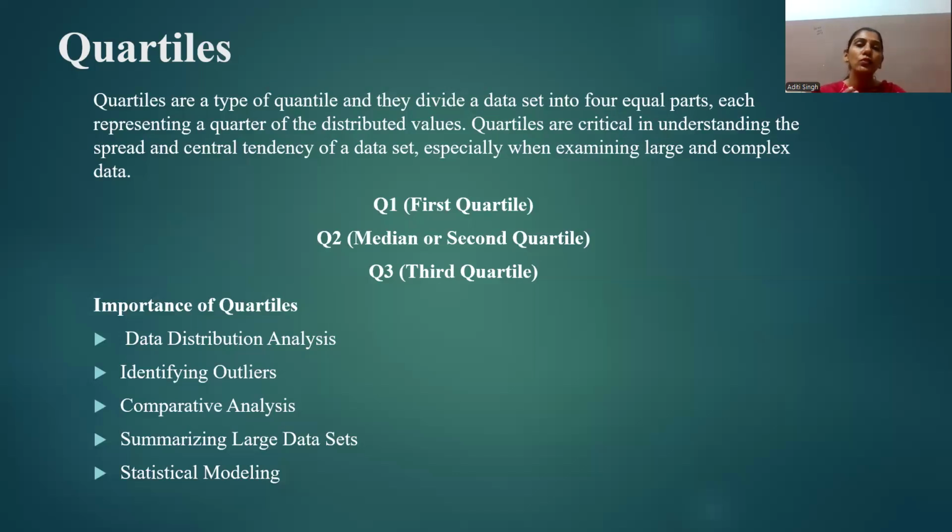Whether numerically calculated or visually represented with a box plot, quartiles provide a concise and effective summary of complex data sets. Their application extends across various fields, from academic research to business analytics, making statistical analysis very easy. This is the meaning of quartile.